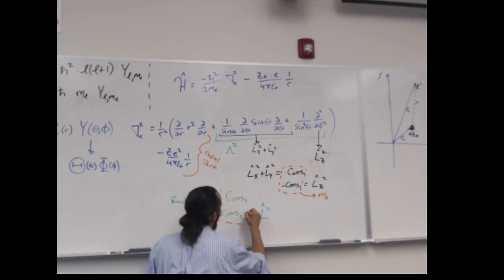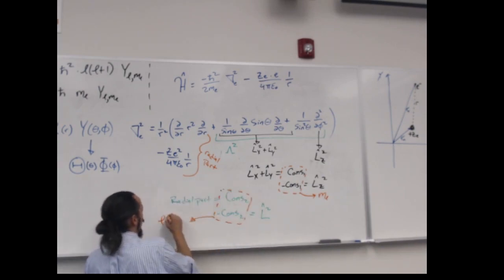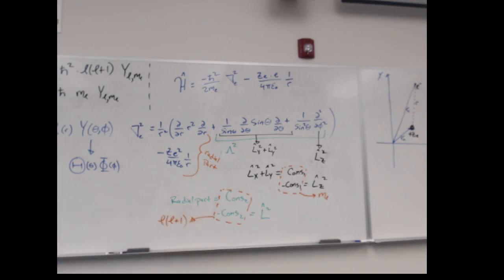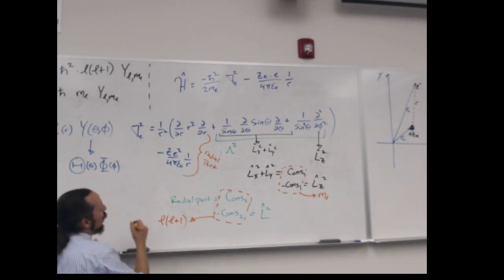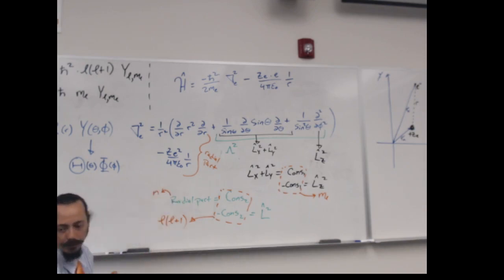The constant here is going to be related to L times L plus 1. And then the radial part by itself is going to have some n values associated with it.